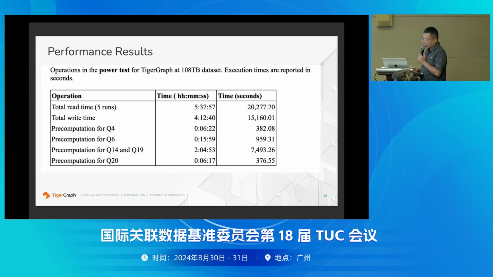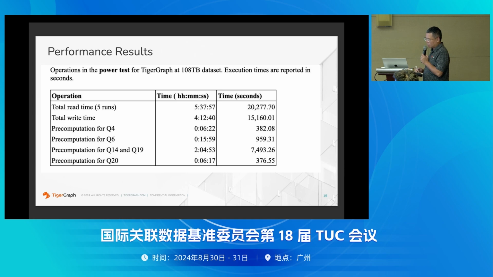If we break down the read time and write time of the 5 runs per query, we can see that the total read time of these 140 queries is about 5 hours. And the total write time, including the batch update, is 4 hours.